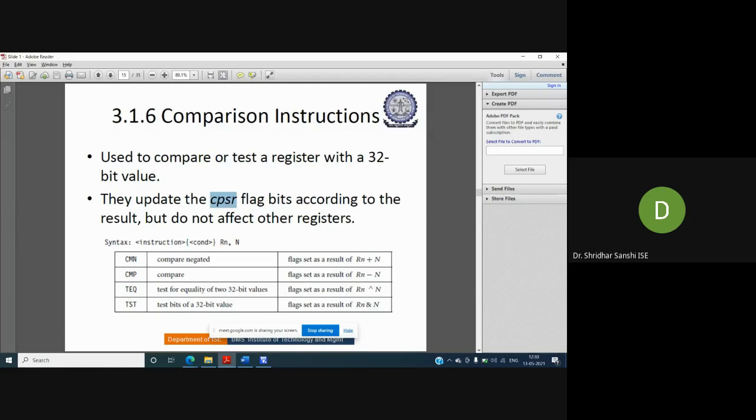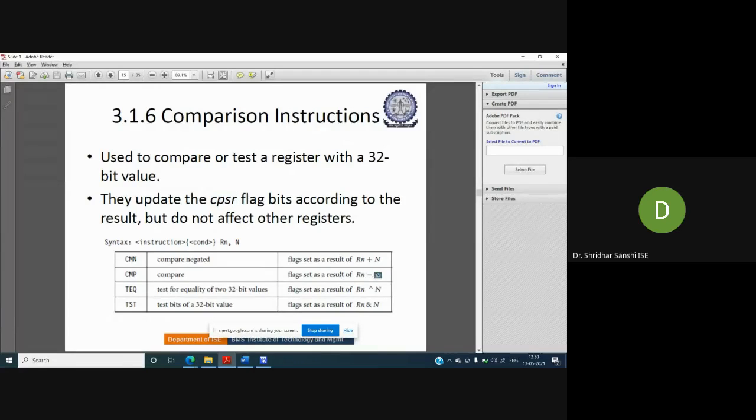So we have four comparison instructions. One is CMN, where we do the addition: the content of Rn is added to the second operand, and based on the result, the flag values are updated. Another one is compare: the content of register Rn is subtracted from the second operand, and we update the flag values. TEQ is the exclusive OR of Rn with the second operand.